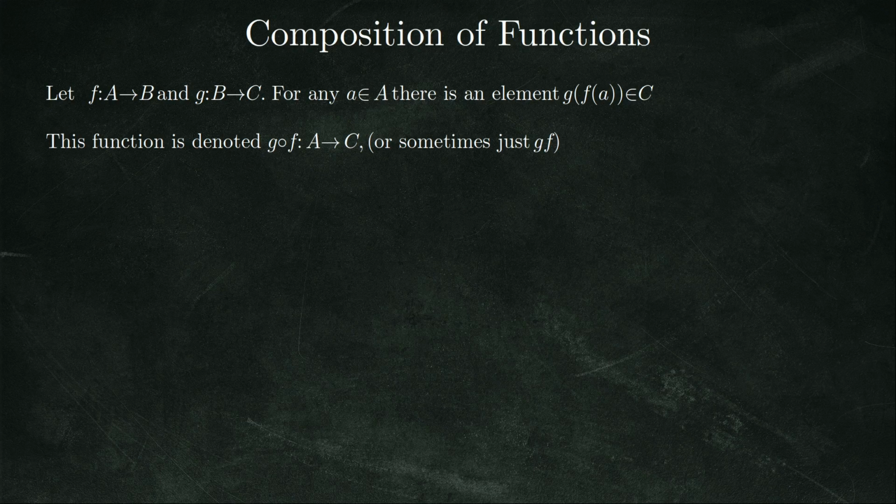And this function g circle f maps A to C. And we would say g circle f as g after f. So the function on the right always acts first.